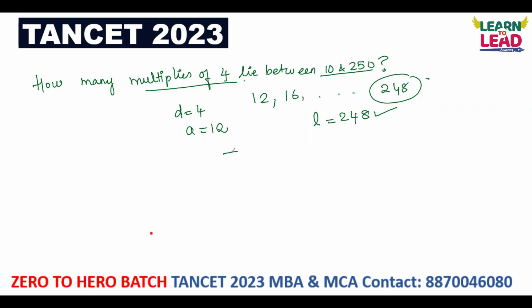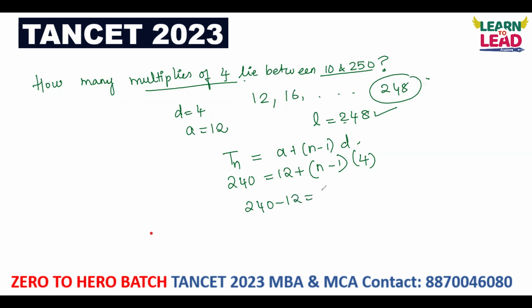So first, what do we have to find? The last term, nth term, is 248. Tn is equal to a plus n minus 1 into d. So nth term 248 is equal to 12 plus n minus 1 into difference, which is 4, where n is what we are going to find out. 248 minus 12 is equal to n minus 1 into 4.